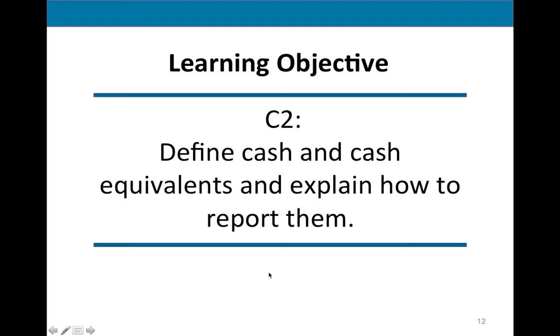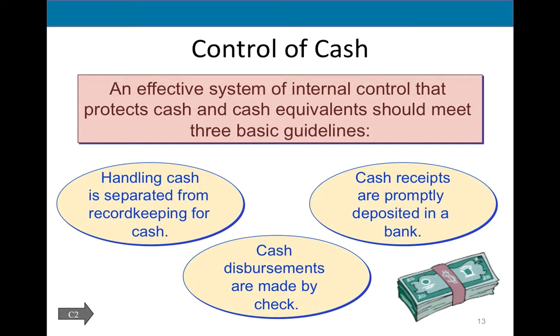So let's talk about cash. When we talk about internal controls over cash, the goal is to protect cash and cash equivalents, and these are three basic guidelines. I already mentioned that handling actual cash must be separate from record keeping. So you have a cashier who is handling cash, and you have accountants who do books.